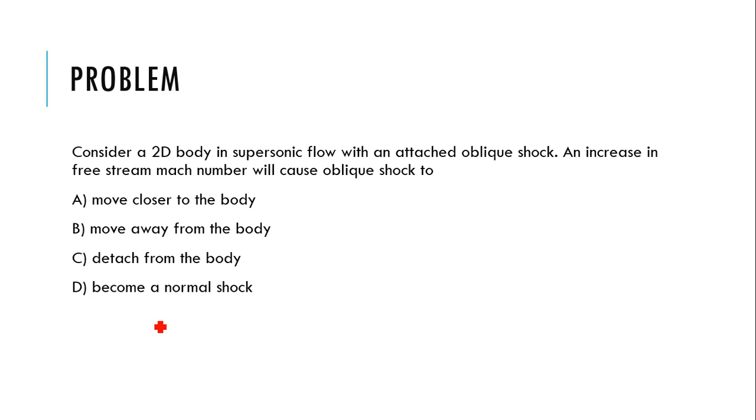Okay. Next one, here we have a supersonic flow over a two-dimensional body with an attached oblique shock. An increase in free stream Mach number will cause the oblique shock to move closer to the body, move away from the body, detach from the body, or become a normal shock.